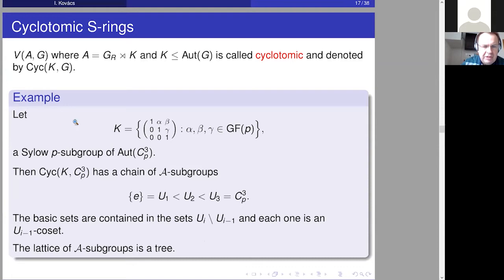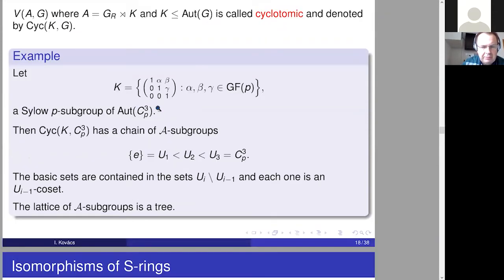And here is an example: if you take the elementary abelian group of rank 3, then the automorphism group of matrices, a Sylow p-group, is given here, just the upper triangular matrices. If you compute the orbits of this group, you find that it fixes exactly p elements. This gives you basic sets of size 1, and they live in an A-subgroup of order p. This is U1.